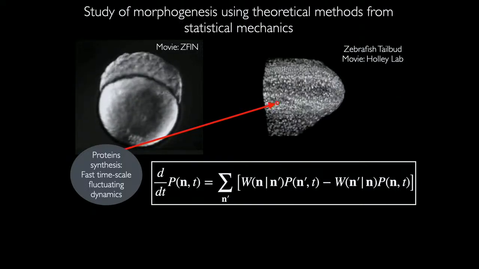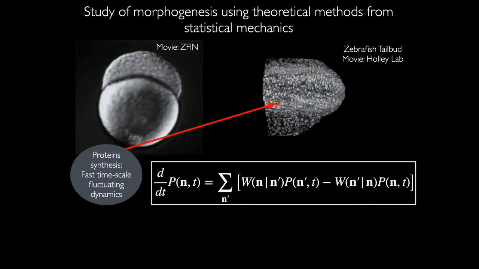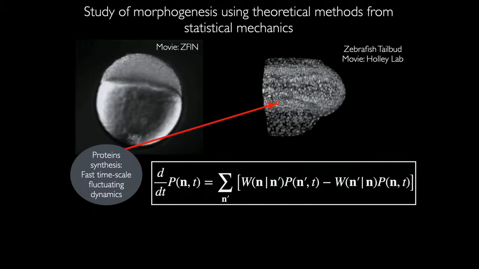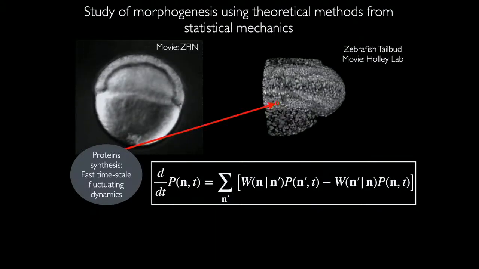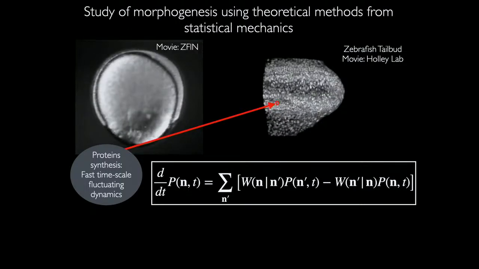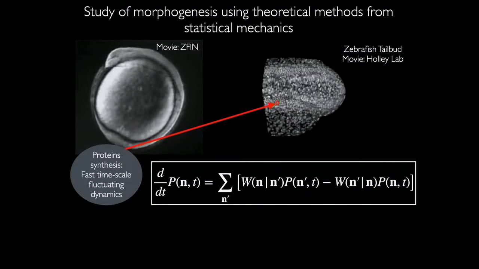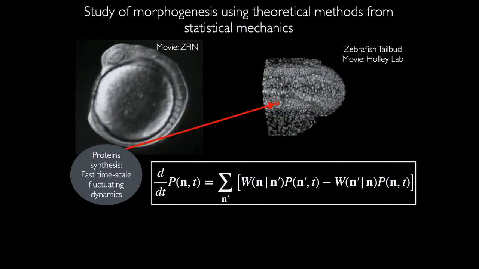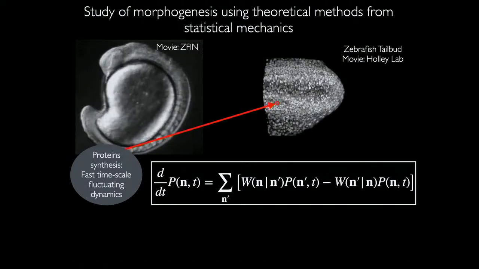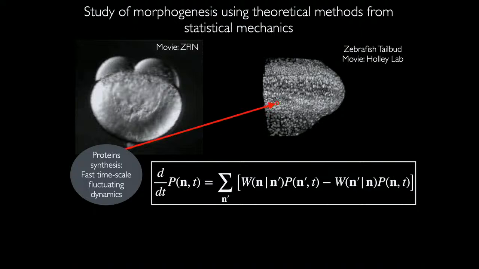So, basically this is a time evolution equation, or a conservation equation, for the probability. One can write such an equation and look at the stochastic time evolution. Now, if the number of proteins is large, then you don't need such stochastic evolution.